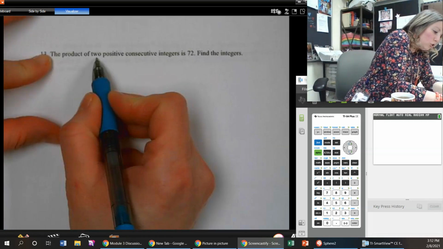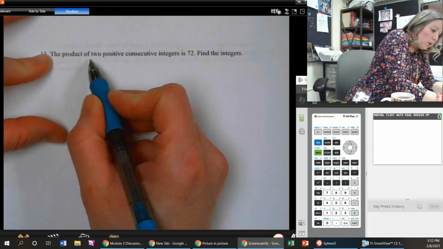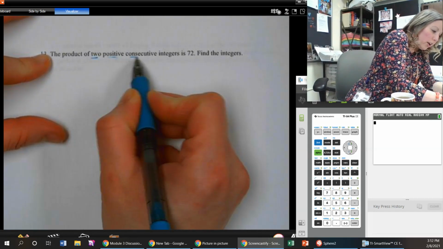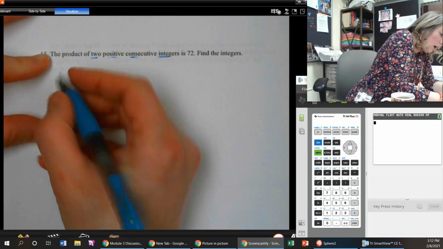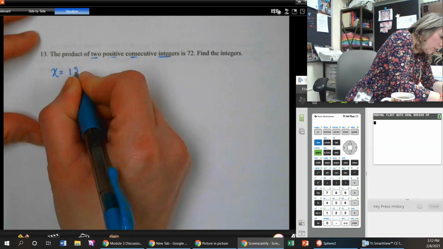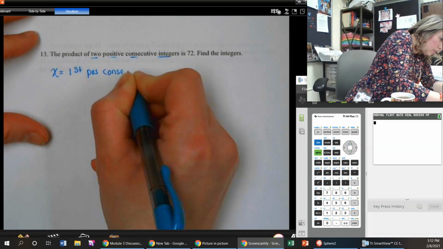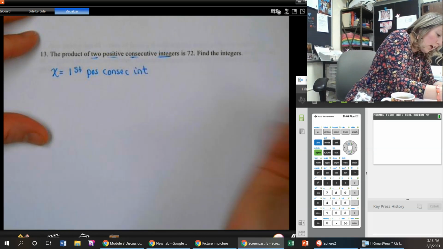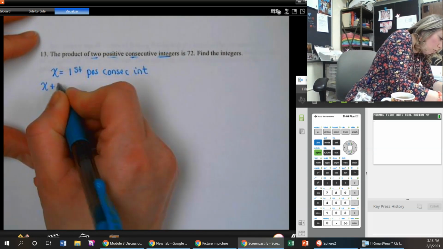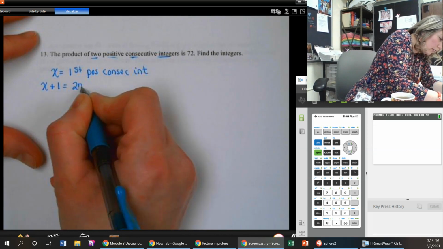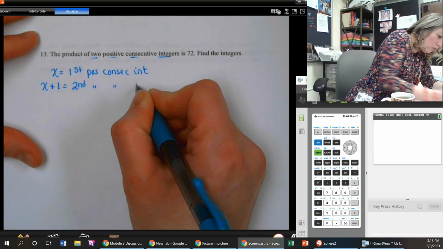The product of two positive consecutive integers. Well, it gives me my let statements right here. So x is your first positive consecutive integer. And x plus 1 is my second positive consecutive integer.